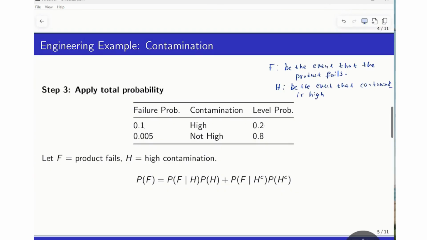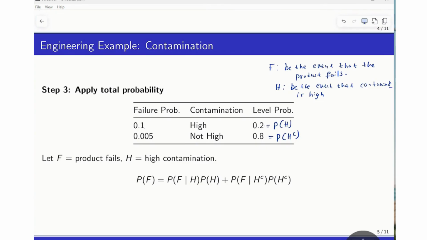This means here the probability of level 0.2, we can write this one as the probability of the event that contamination is high, and here is not high, that means the complement of high.